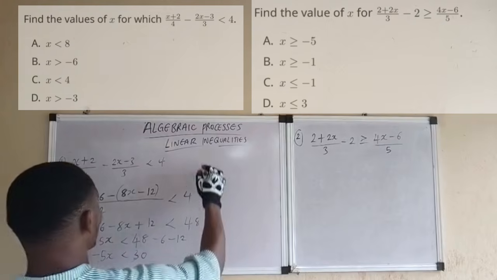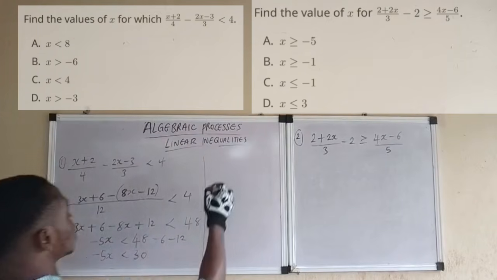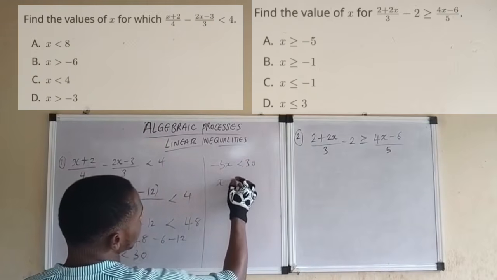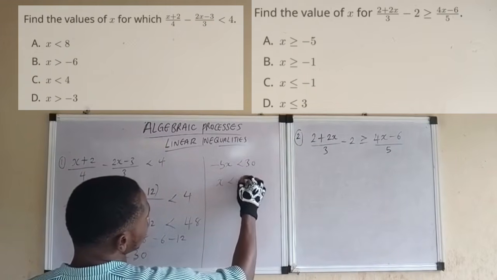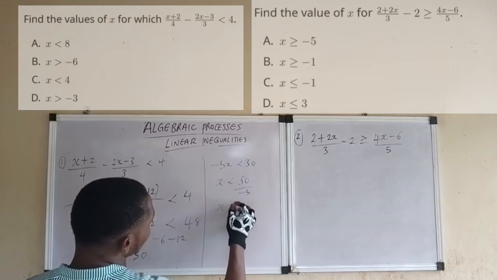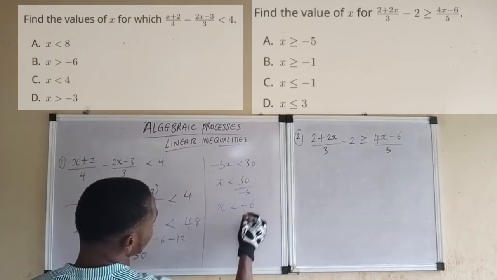You understand? So if we simplify further, you are left with minus 5x less than 30, and x is less than 30 over minus 5. All right, and x is less than minus 6.